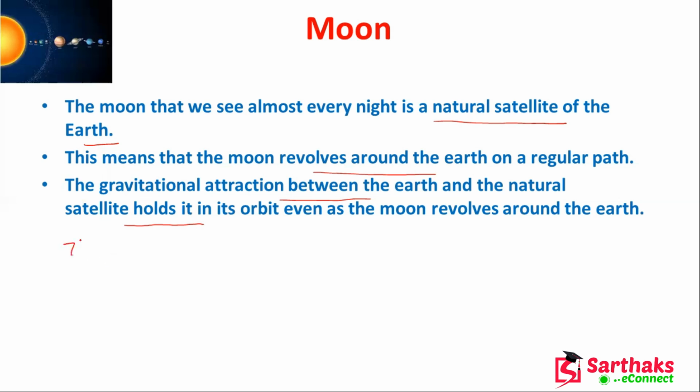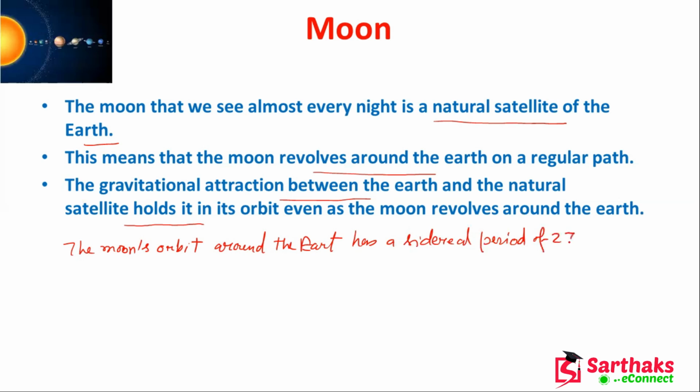So the moon's orbit around the Earth has a sidereal period of 27.3 days.